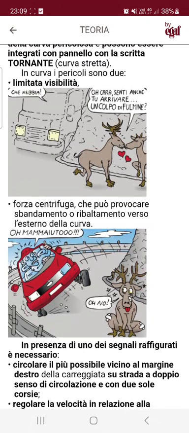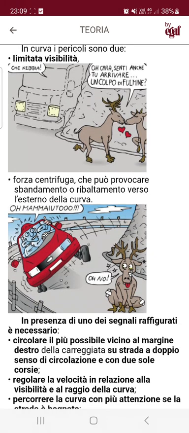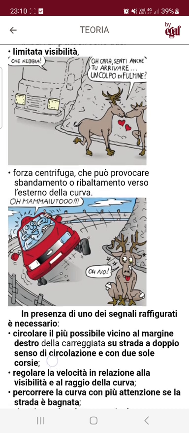They say in the presence of this sign, it's very necessary to drive as close as possible to the right side, if the road is double traffic, or two-way traffic, which in Italy they call doppio senso.